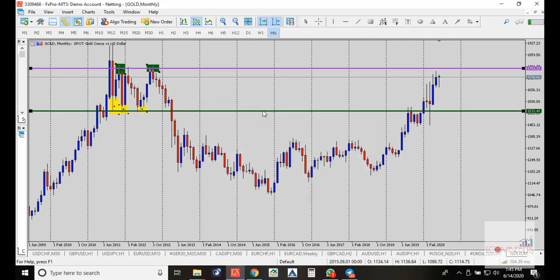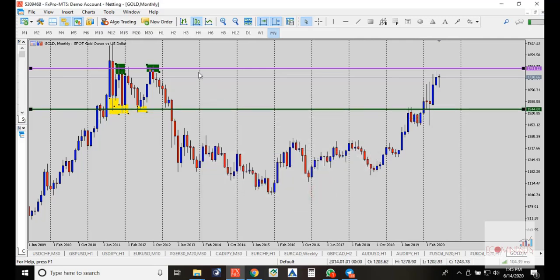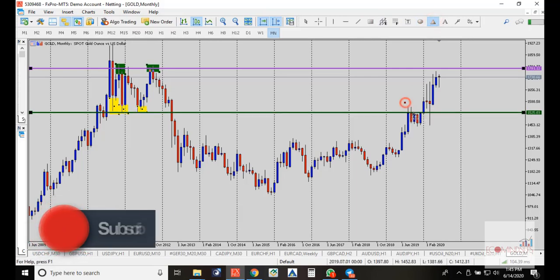Remember, we are on the monthly time frame, so we are locating these key levels on the monthly time frame. So let's see over here. You realize price did reject at this area here. I think let me use the triangle for this one.